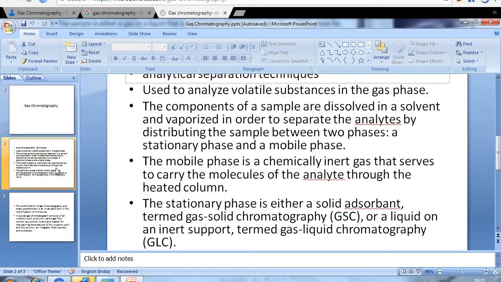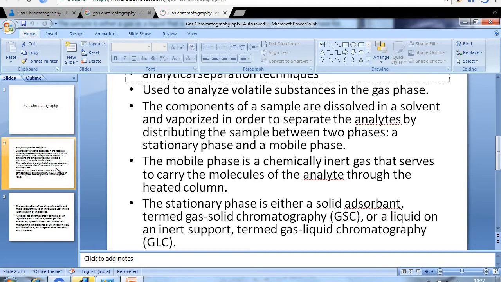Then you purge in the gas, and this gas acts as the mobile phase, and the sample is carried towards the stationary phase, where the samples get separated depending upon their interaction with the stationary phase. Once they reach the detector, you get the retention time of the sample, from which you can identify the compounds.